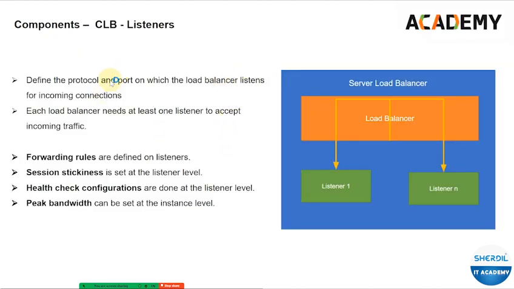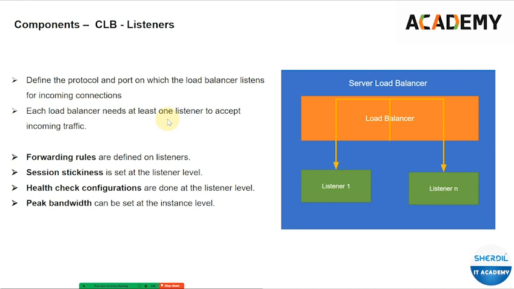Components, the CLB listeners. They define the protocols and ports on which the load balancer listens for incoming connections. Each load balancer needs at least one listener to accept incoming traffic. The forwarding rules, session stickiness, health check configurations, and the peak bandwidth are the 4 components.